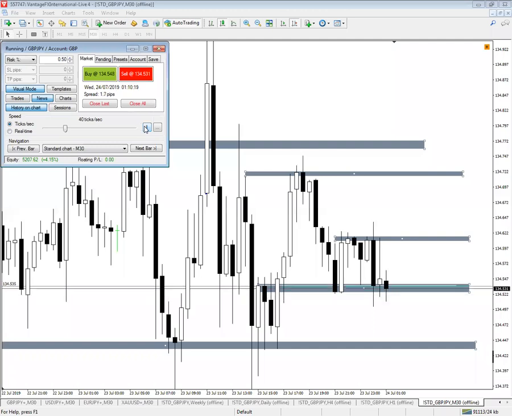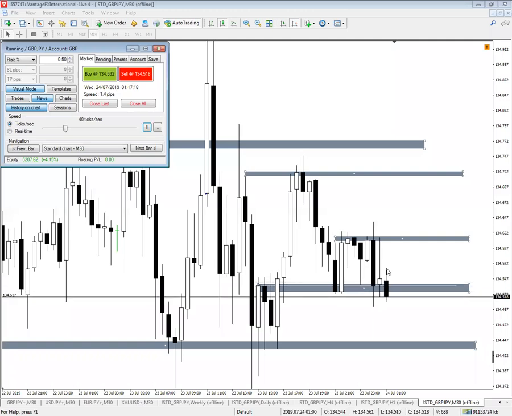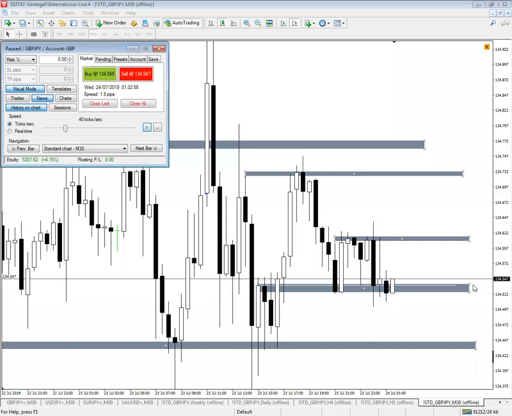Yeah, so say you did take the impulse entry now, you'd have your stop above this area, but this is obviously not guaranteed to work. At the same time right now, it looks like it's coming back up in the range. So this is where you don't want to get caught out in the impulse entries. But this candle did actually kind of close, yeah, ever so slightly below this area.